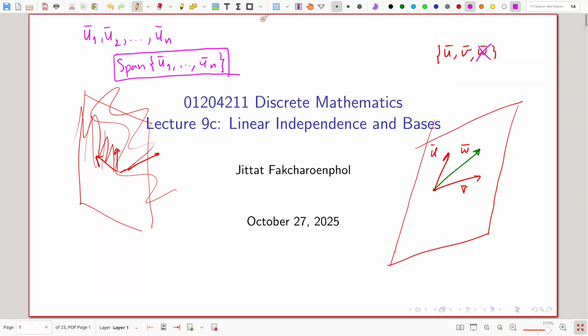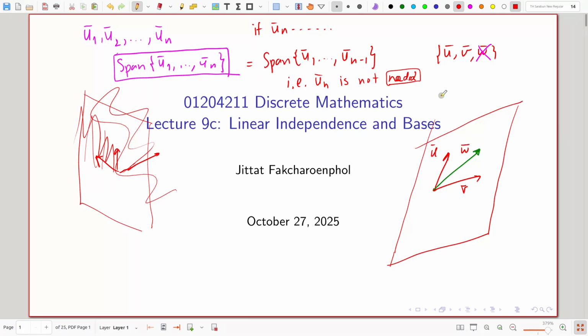I want to be able to say that if un is something, then this span equals the span of u1 up to un minus 1. That is, un is not needed.